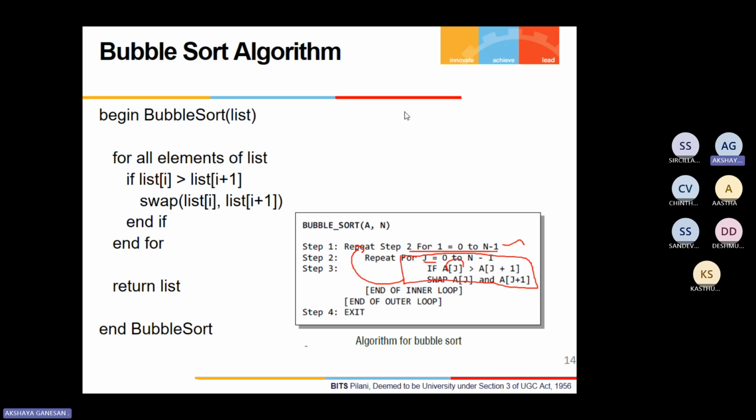What will happen in the second pass? How long will the value run? Actually, how long should it run? Say n is equal to 5. So in the second pass, the j should run from 0 to which index?